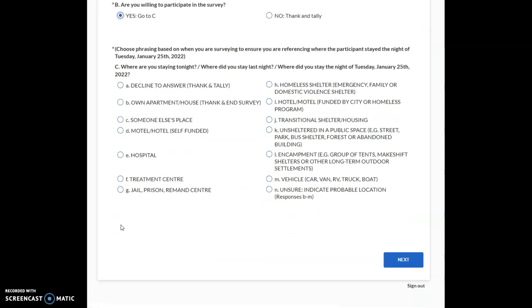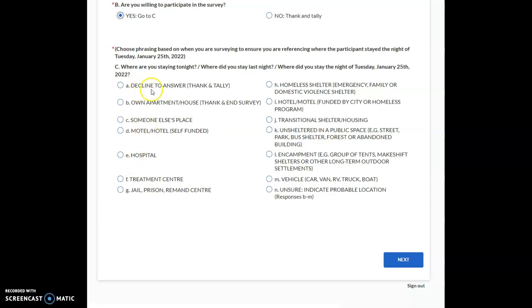Now this is question C, and so you're going to choose the phrasing based on when you are surveying to ensure that you're always referencing where the participants stayed the night of Tuesday, January 25th, 2022. So if you're surveying on the first night, you'll ask, where are you staying tonight?